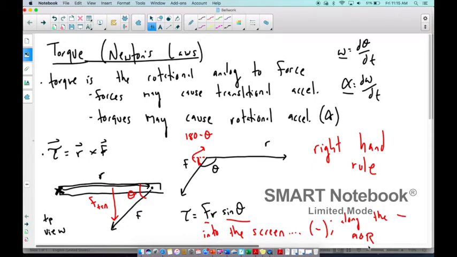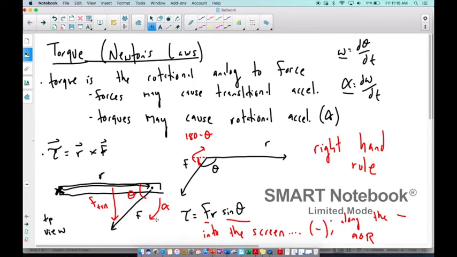This makes pretty good sense because of the following. If you actually go push on your door like this, you're going to start your door rotating this way. You're going to give it angular acceleration that way. That is counterclockwise. And remember, with rotation, we always say counterclockwise rotation is negative. So my negative torque is causing a negative angular acceleration.